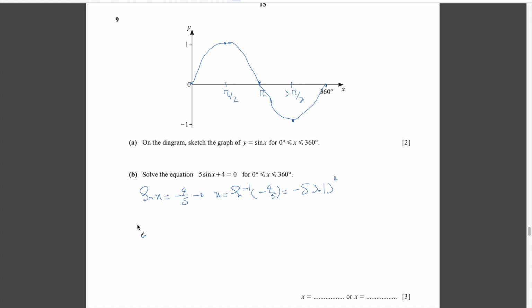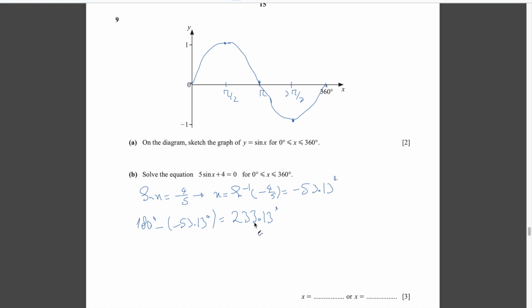So we know that 180 plus 53.13 also gives you another angle with the same sine, which is 233.13.